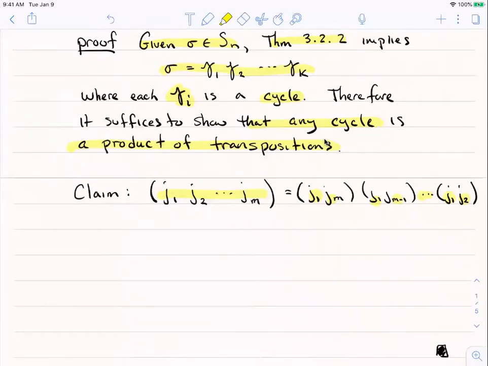So how am I going to convince you of this? Well, the statement says that two functions are equal. So I basically have to show that they do the same thing to every index in the index set.